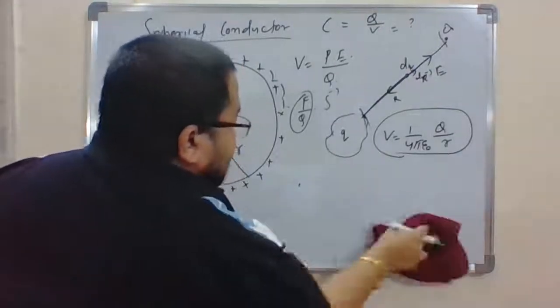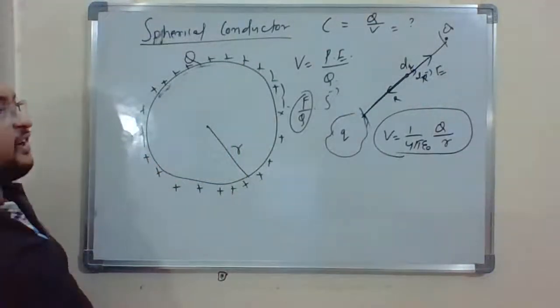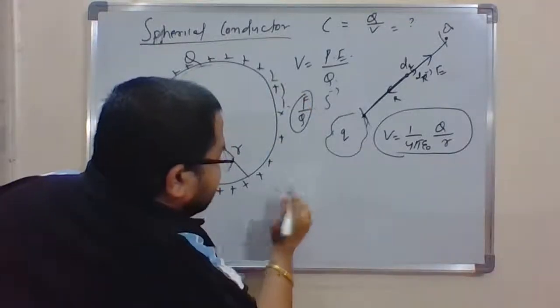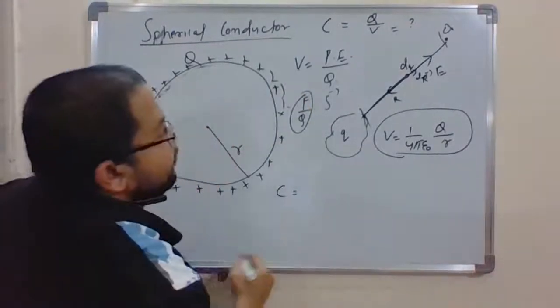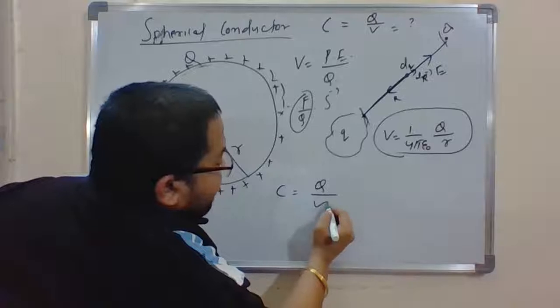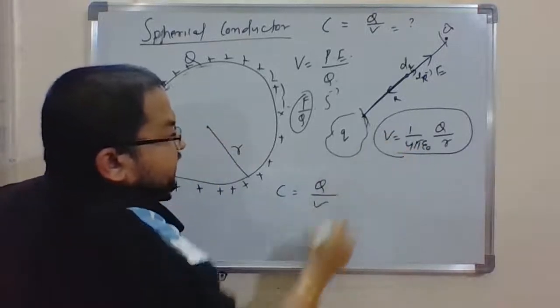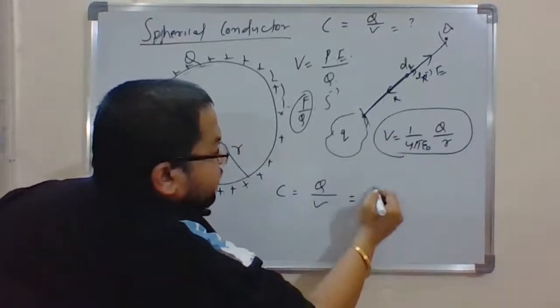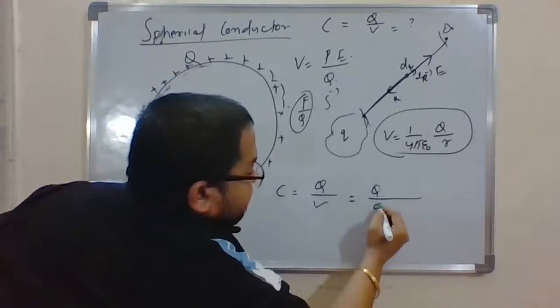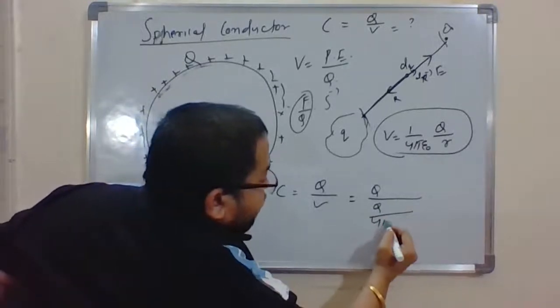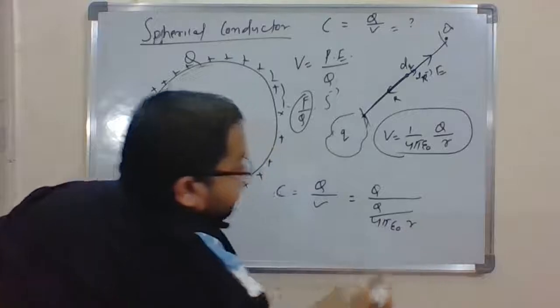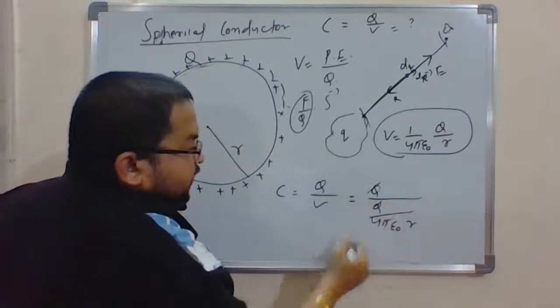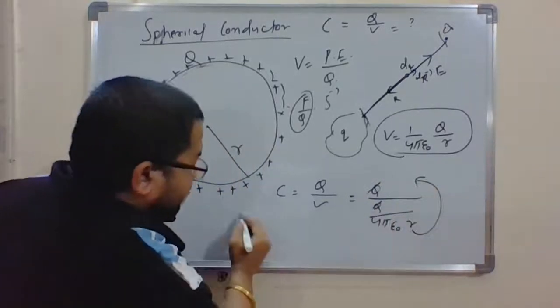So now, if my potential V equals 1 by 4 pi epsilon naught q by r, which we know from our electrostatics understanding, then obviously what would be my capacitance? Capacitance C would be Q by V. In place of V, let us substitute this value: Q by Q by 4 pi epsilon naught r. So obviously Q will get cancelled, and r will go to the numerator.